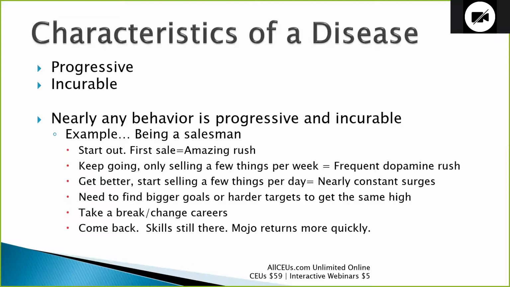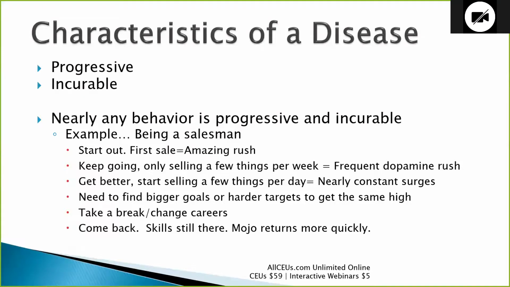You know, we start thinking about some physiological diseases that aren't necessarily fatal. But let's take those three characteristics just for giggles and look at it in terms of a behavior. Nearly any behavior is progressive, incurable, and fatal. Or not fatal, but progressive and incurable.